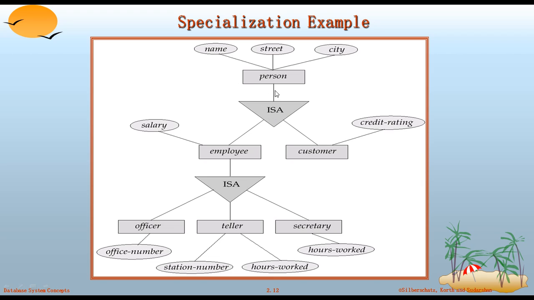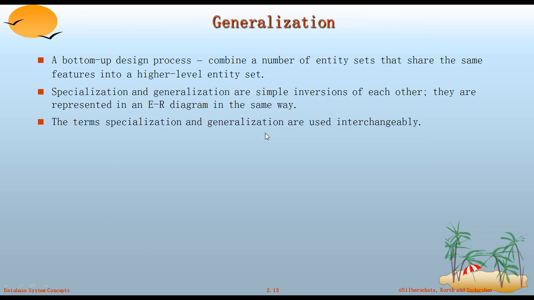So a person is an employee and a person is a customer. And another specialization of employee is officer, teller or secretary. So they can act as an officer, teller or secretary. So it's a specialization from the higher-level entity to the lower-level entity.